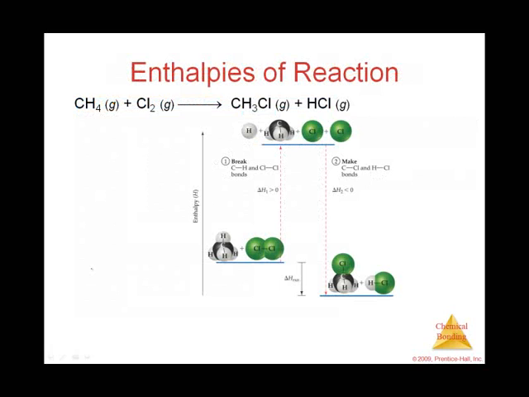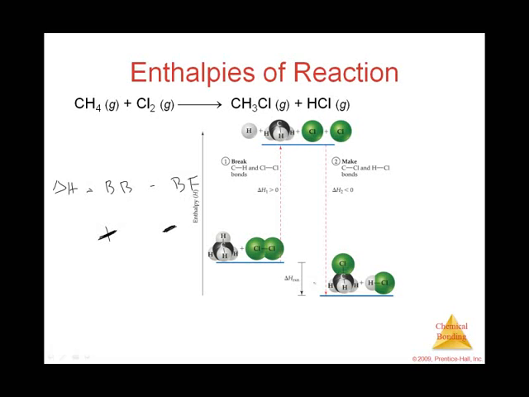Now, if you look at enthalpies of a reaction, and again, we did this enthalpy calculation, the change in enthalpy in this reaction, you can look at bonds broken minus bonds formed. Now, this gets a little confusing because it's always products minus reactants when we did the change in enthalpy before. What you need to know is bonds breaking always is positive energy, and bonds being formed is always a negative energy.